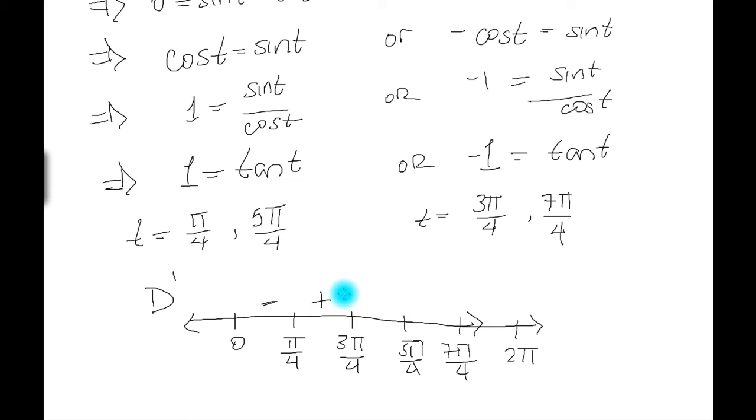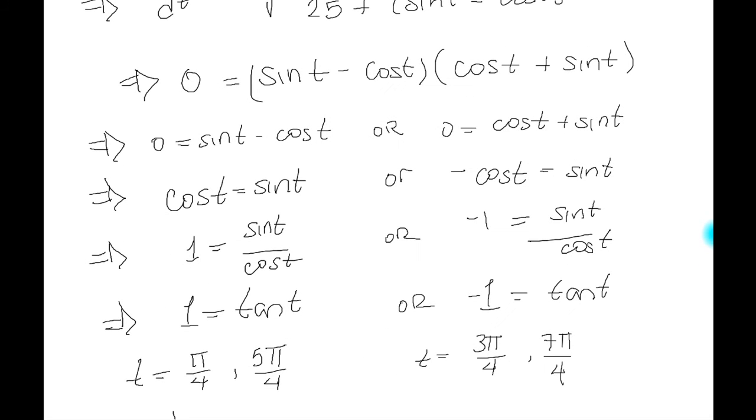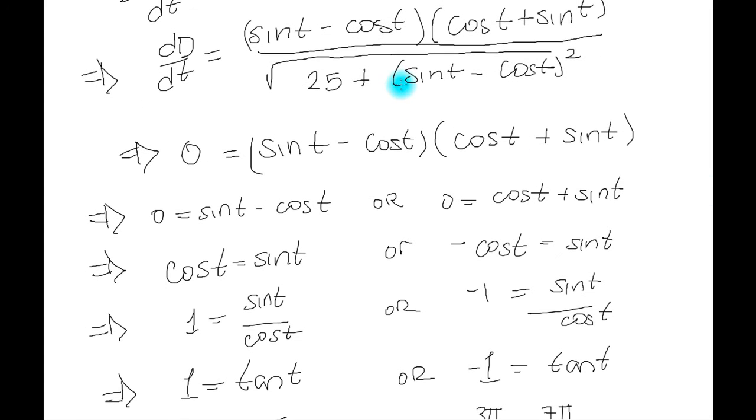Now a number between 3 pi over 4 and 5 pi over 4. Pi. Do the same thing. We insert in the derivative. Sine of pi is 0. Cosine of pi is minus 1. So negative times negative is positive. Now cosine of pi is negative 1 plus 0.